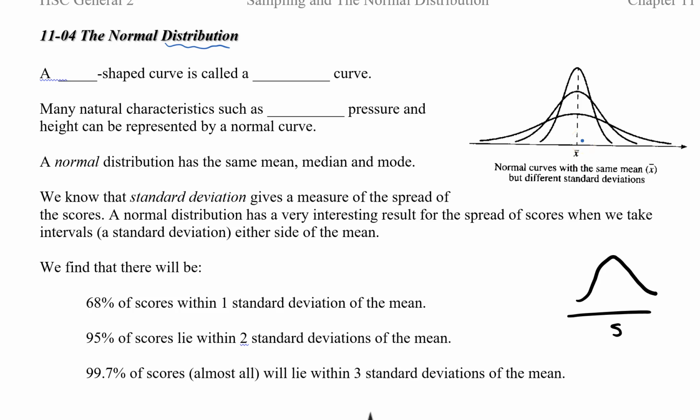It's called a bell-shaped curve, and you'll see it referred to as bell-shaped. I guess in some ways we could see this as a bell, or like a big Christmas bell. And it is called a normal curve.